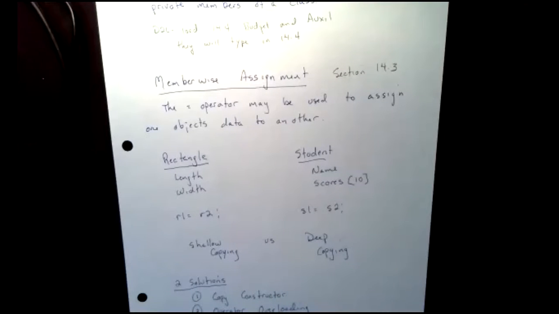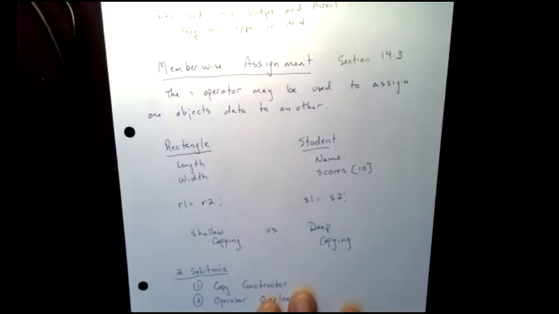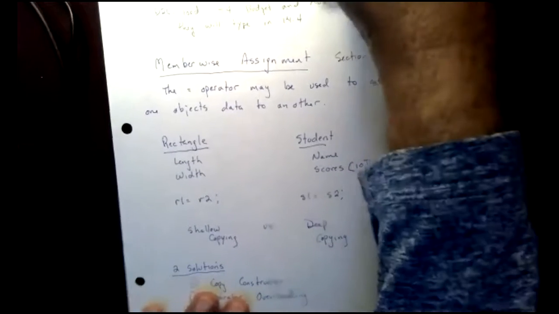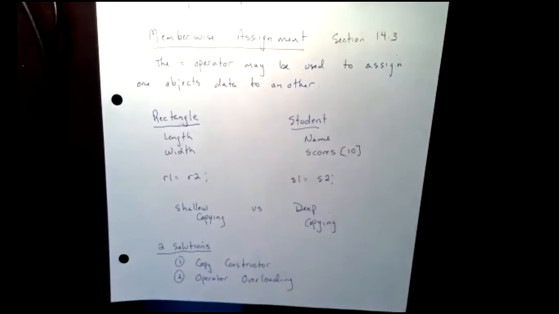Okay, so what are we looking at in the program you just typed in? 14.3, you had to type in, make it a project because you also had to include rectangle.h and rectangle.cpp, all of which I gave you when I gave you the zip folder for chapter 14.